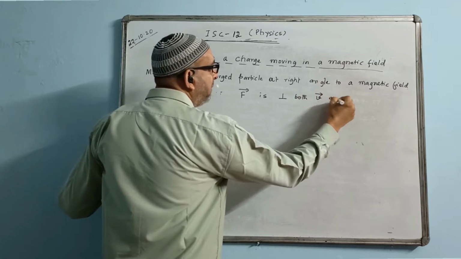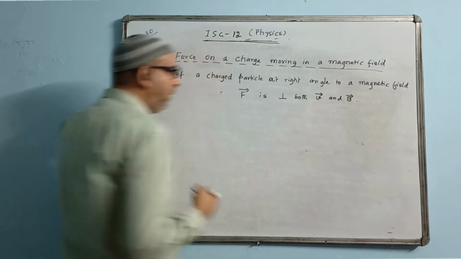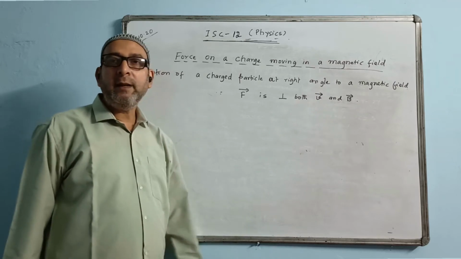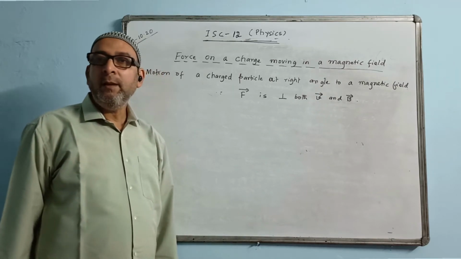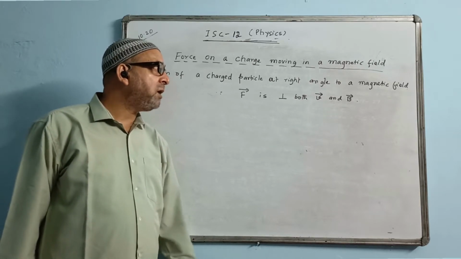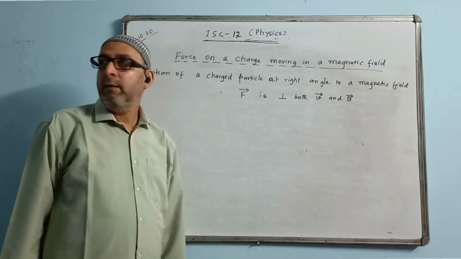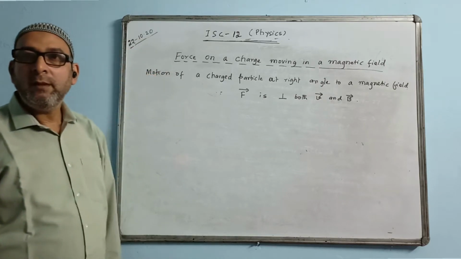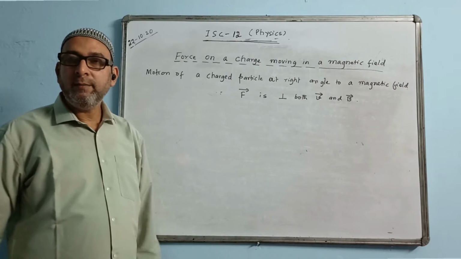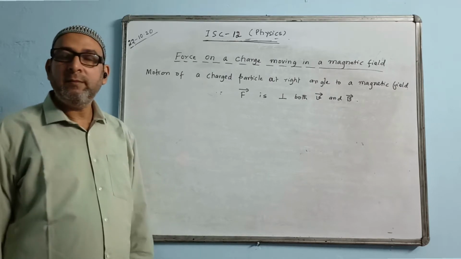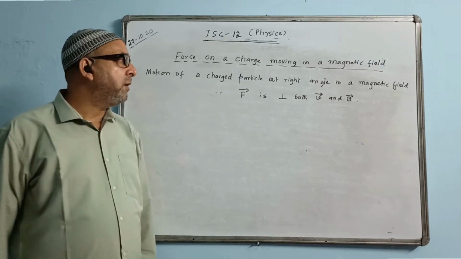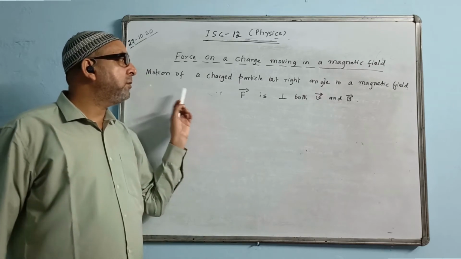When F is perpendicular to both velocity vector and magnetic field vector, thus the locus of the charged particle in this case is a circle. Okay, so this is the writing part.